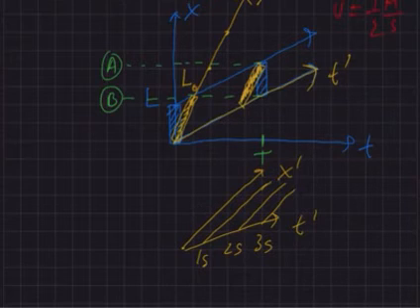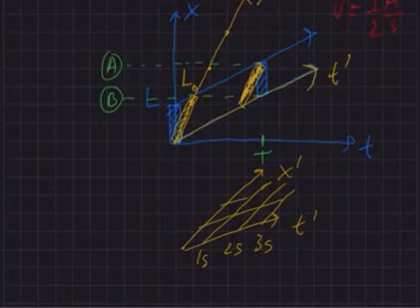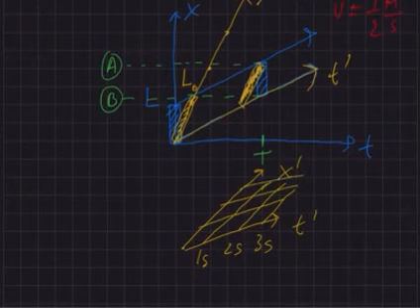And the lines of constant position would run parallel to the t prime axis. In effect, we have what appears to be a distorted grid in the k prime frame.